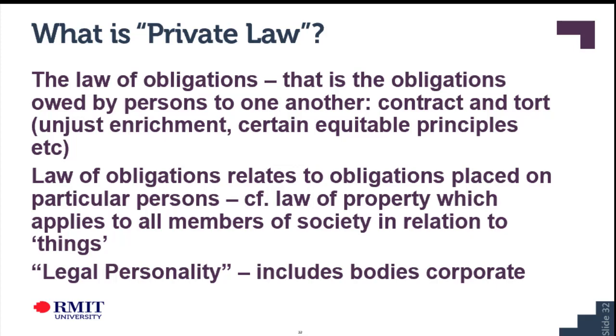Companies can enter into contracts from day one. In fact, in certain circumstances you'll learn about in company law, you can actually enter into a contract as a company before you're even incorporated.